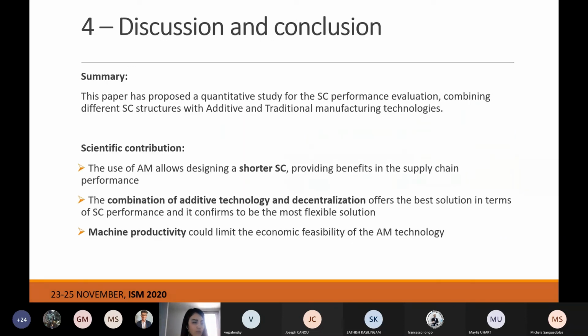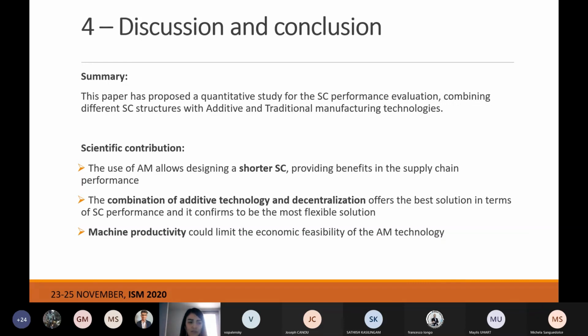Okay, as a conclusion, just some general conclusions. We can say the use of additive manufacturing allows designing a shorter supply chain and provides benefits in the supply chain performance.